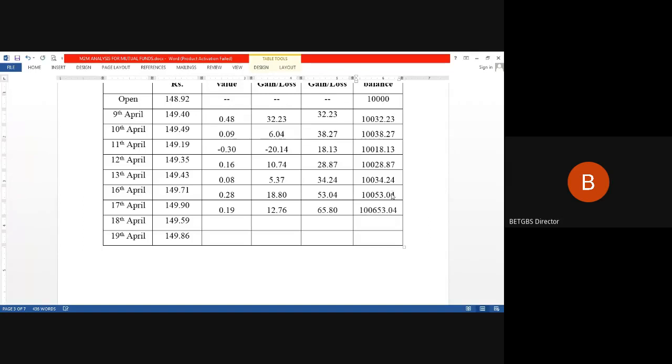So the last April, 149.59 minus 149.9. So there is a loss of 31 paise. A change is there, so this is multiplied by 67.17.